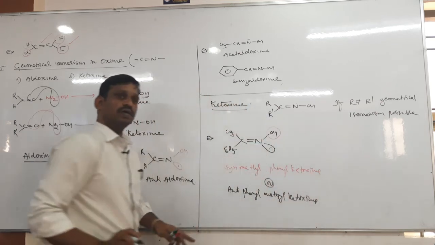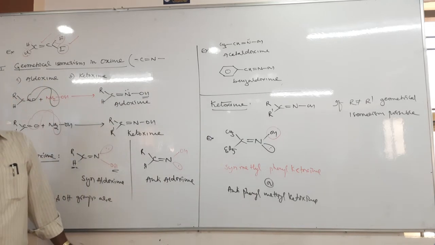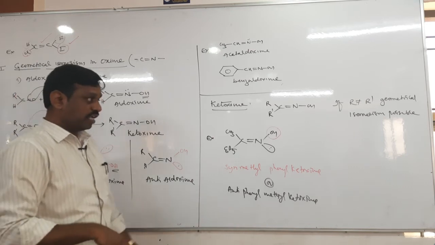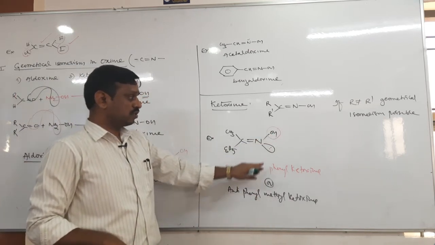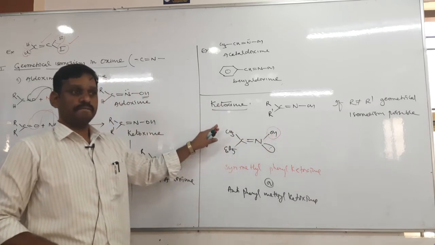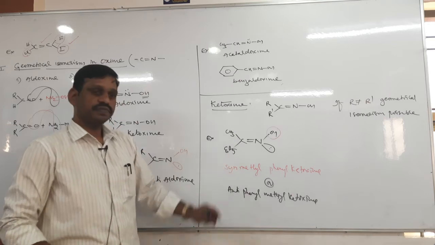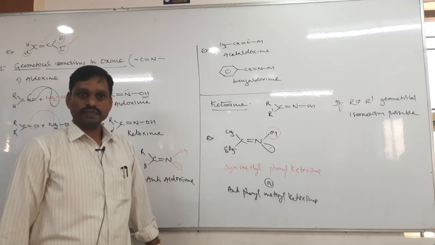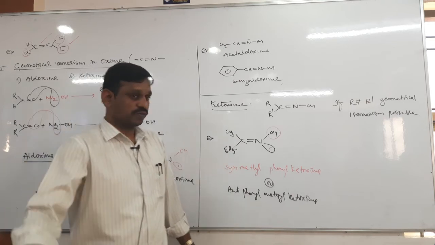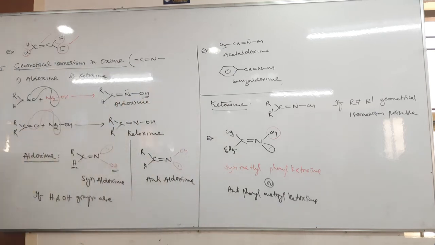So both the names are correct. Therefore, in the case of ketoxime, the group which is present on the same side of the OH group is called syn methyl or anti-phenyl ketoxime.